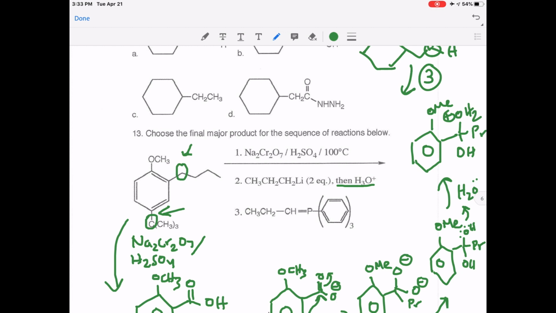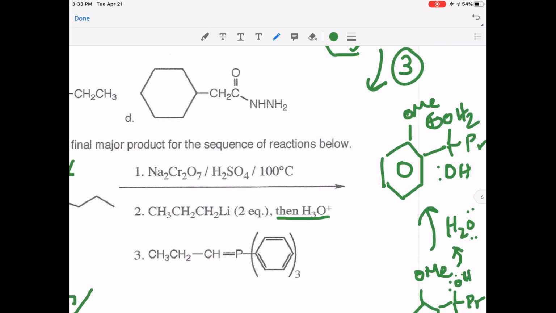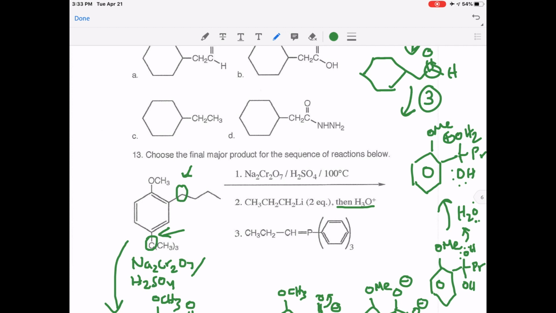So right now we have a very good leaving group. And in order to reduce the energy cost of having that positively charged oxygen on the compound, one of the lone pairs on the other oxygen is going to go down here, and it's going to cause this leaving group to leave the molecule as water.